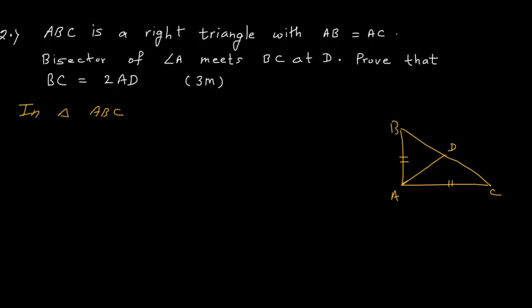So AB and AC are equal in triangle ABC. AB is equals to AC. Better rub this. We say solution. Now you know how to write what is given, what we have to prove. Okay, so I am directly starting with solution.